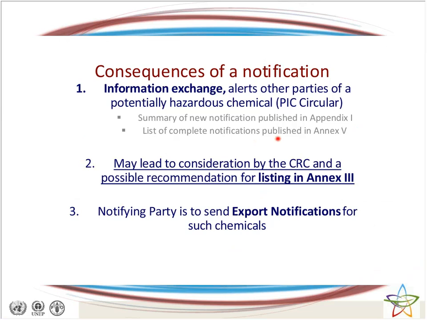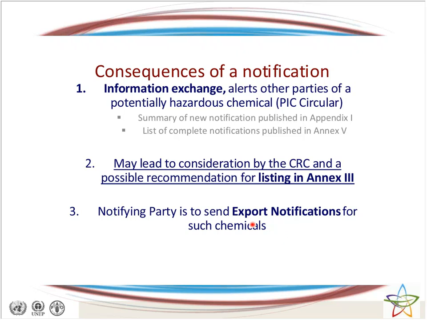The list of complete notifications is published in Appendix 5 of the PIC circular. It may lead to consideration by the CRC and a possible recommendation for listing in Annex 3, but the notifying party has an additional obligation, which is to send the export notifications for such chemicals to all the parties into which the chemical is exported.